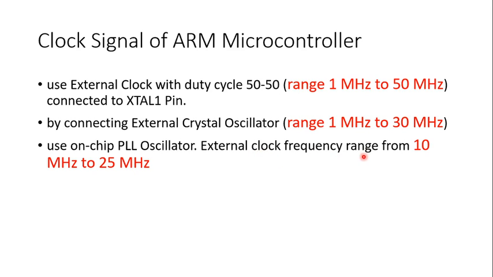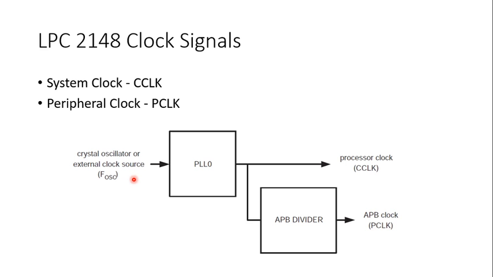Here, the external clock frequency ranges from 10 MHz to 25 MHz. That means you can connect a crystal of 10 MHz to 25 MHz, or you can take it from an external clock signal, but that will be limited to a maximum of 25 MHz. Okay, and now it is given to the internal PLL.